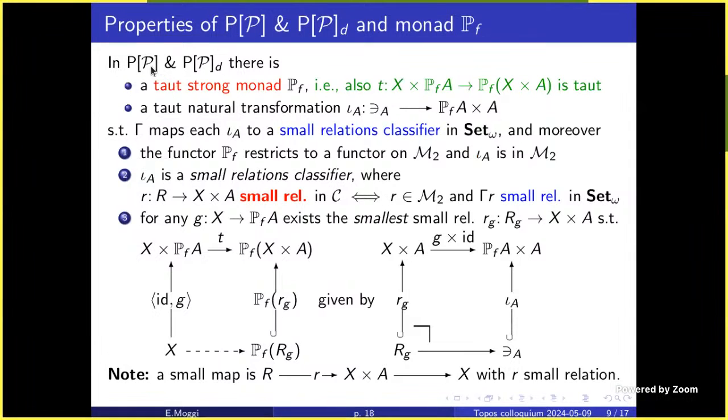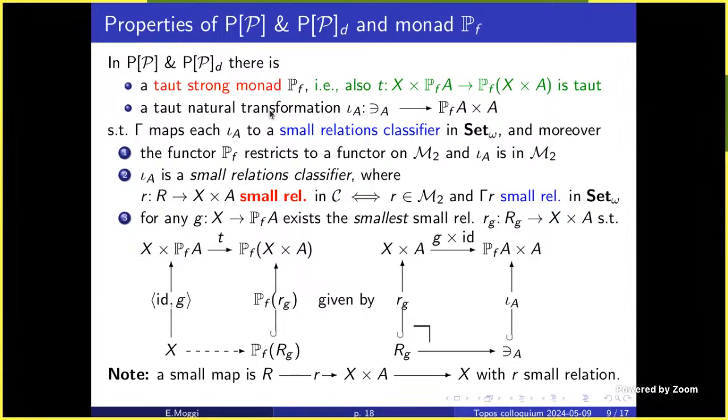So for this particular monoid P, we have a taut strong monad. This means that this functor is taut, the eta and mu of the monad are taut, and also the strength of the monad, which is a natural transformation of this type, has to be taut.